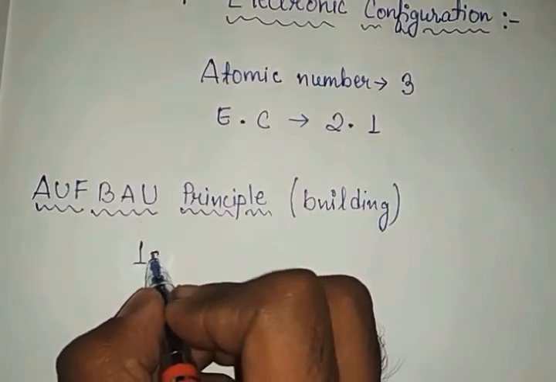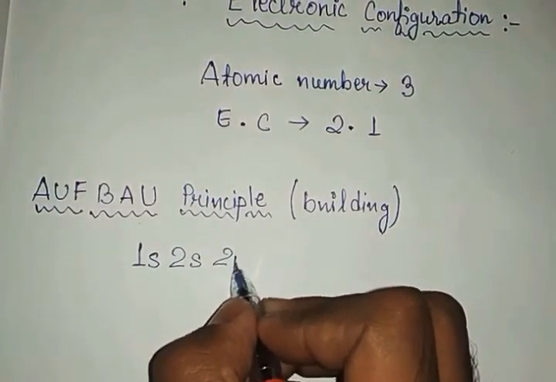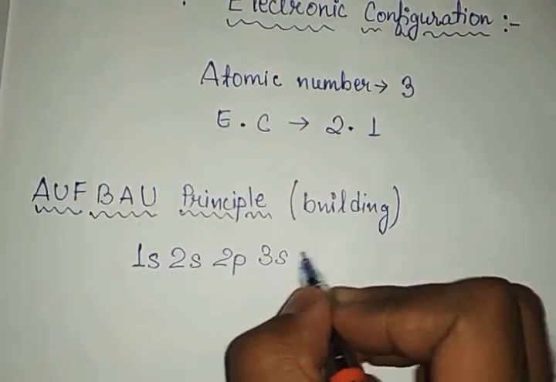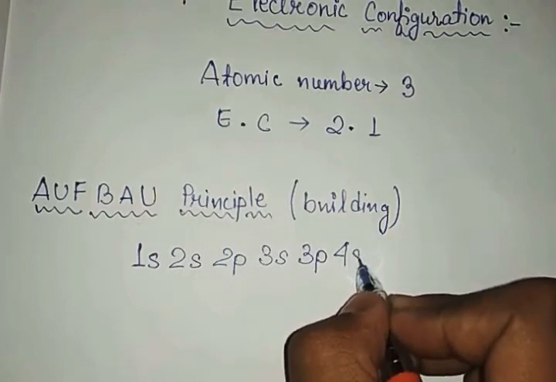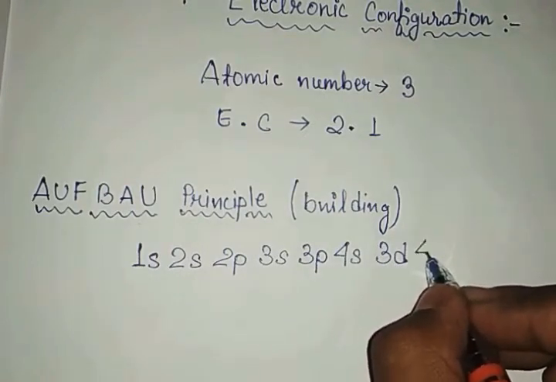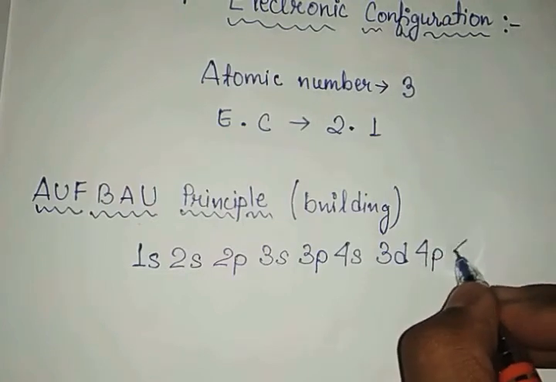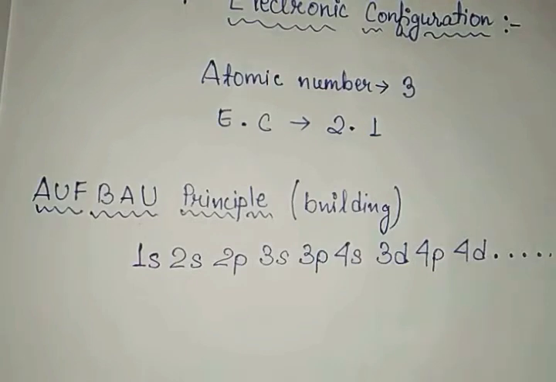First of all, 1s, then 2s, then 2p, 3s, 3p, then 4s, then 3d, then 4p, then 4d, and in this way we will be writing the shape of different electrons from now.